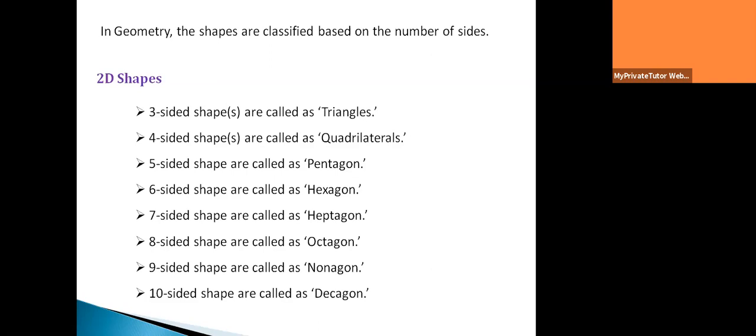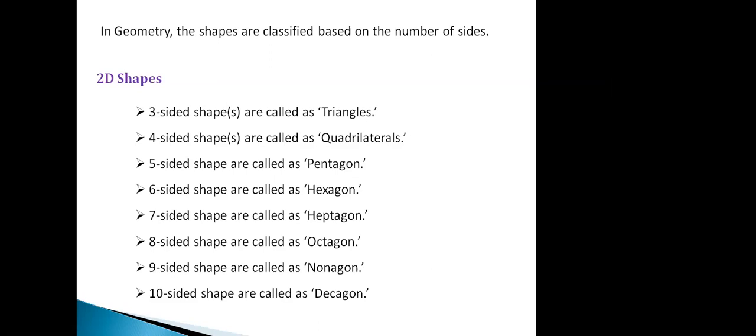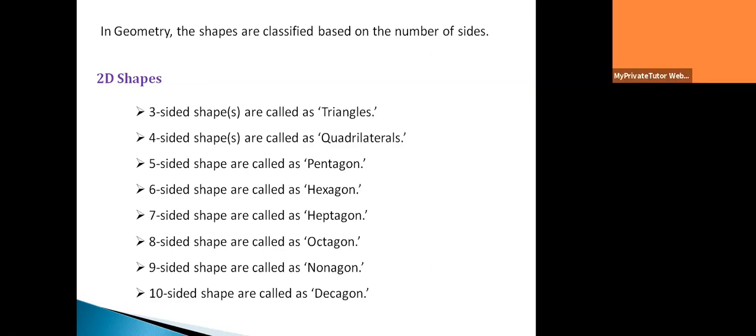That's what we are going to discuss today. Then a five-sided shape is called a pentagon, six-sided a hexagon, seven-sided a heptagon, then octagon, nonagon, decagon, and dodecagon. It goes on. We just try to learn up to 10-sided shapes. And other than these straight-sided shapes, we do have circular shapes.